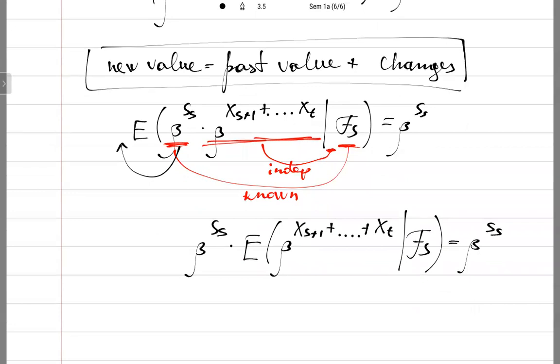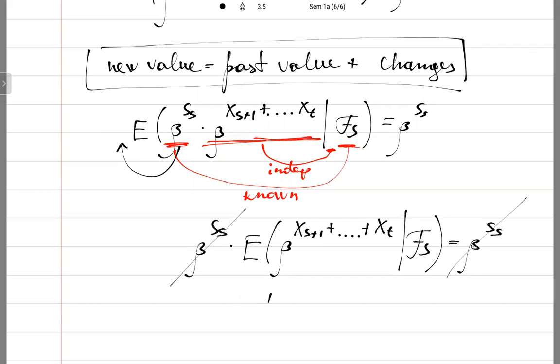Okay. And because beta is not 0, we can cancel it out. When beta is 0, we have seen the process is not defined.